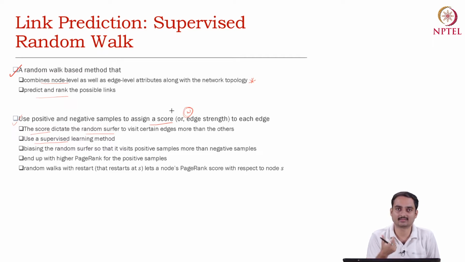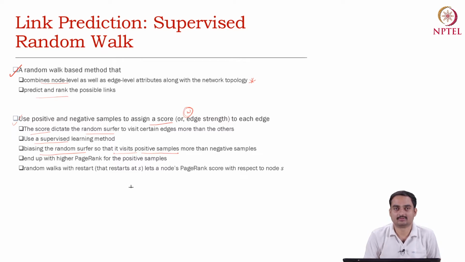Once we measure the strength of node pairs, we can easily identify those with high strength, and say that these node pairs would possibly form edges in the near future. It is a biased random walk so that it visits positive samples more often than negative samples.